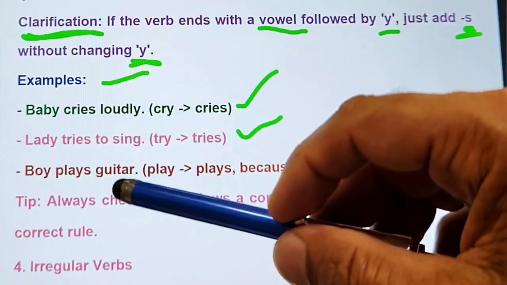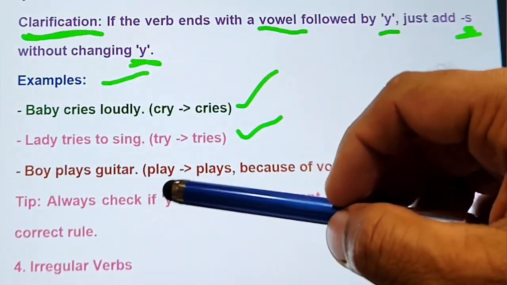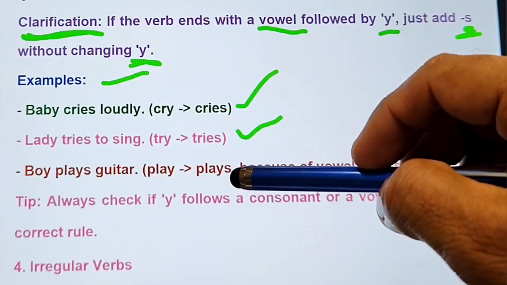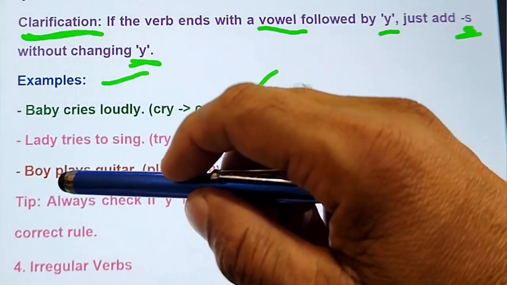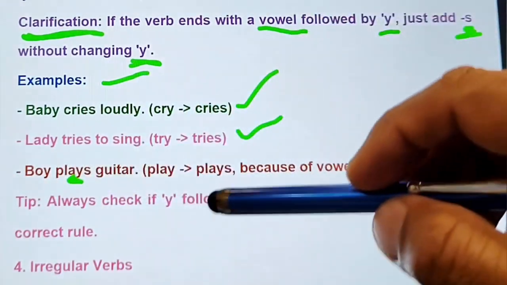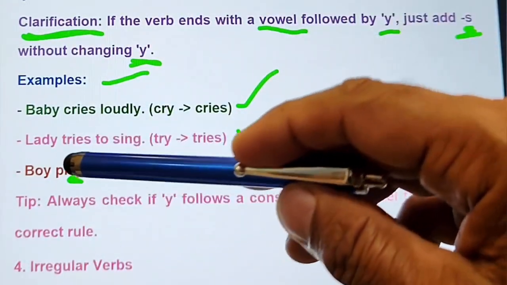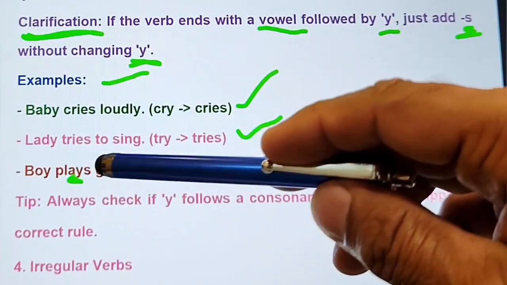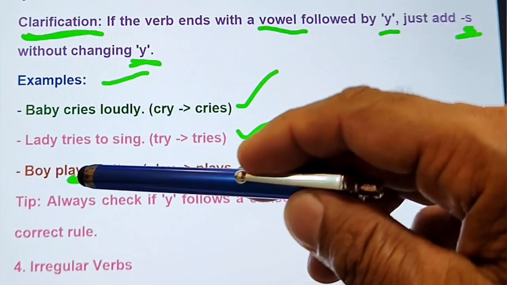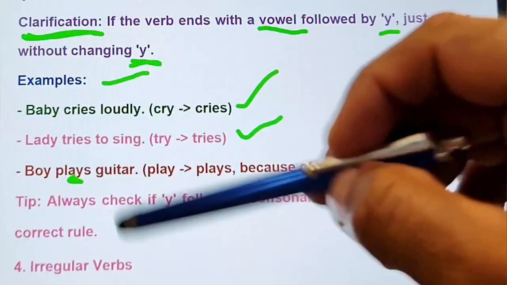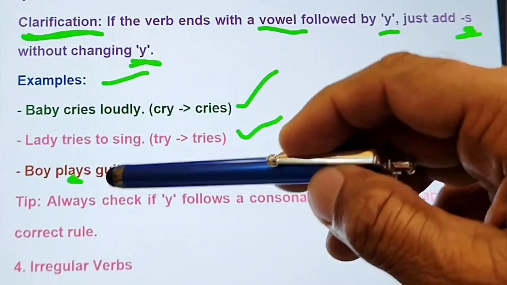And next here: boy plays guitar. "Play" changes to "plays" here because "a" is a vowel before y. With a vowel before y, we do not change y to i, we just add an extra s to the word. Boy plays guitar.